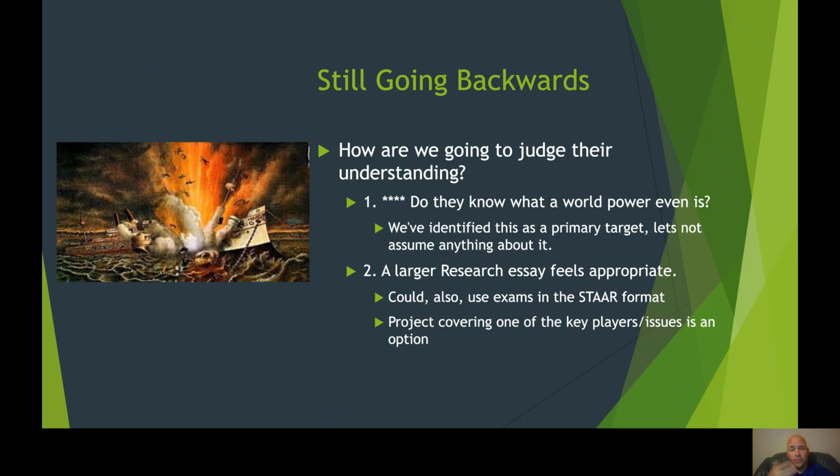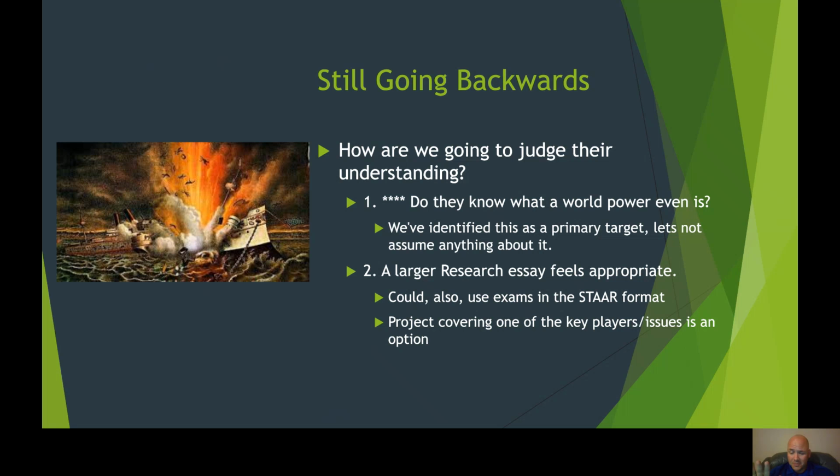So how are we going to judge their understanding? I have this asterisk. I have this underlined. Number 1, I think, is extremely powerful. Do they even know what a world power is? We've identified what the primary target is. So we need to assume nothing about it.